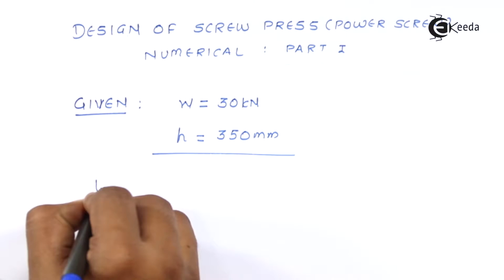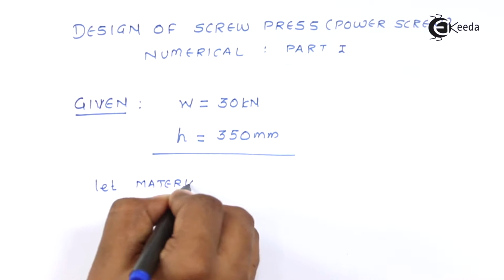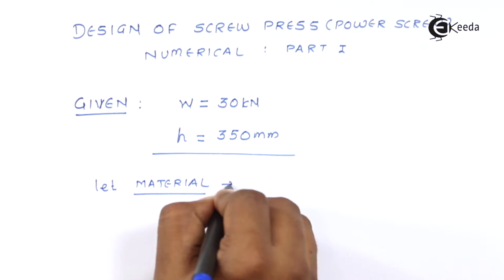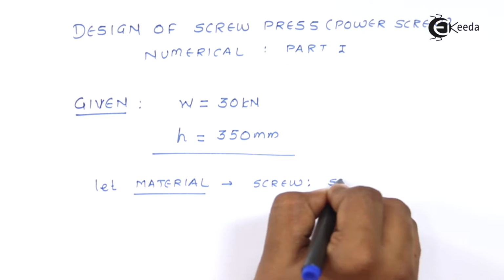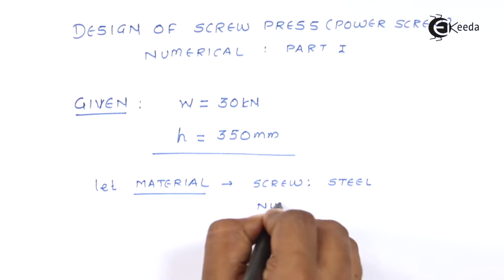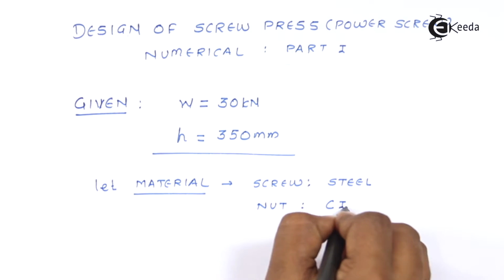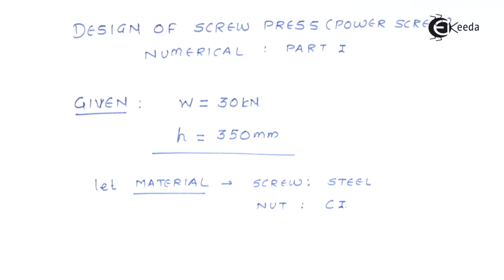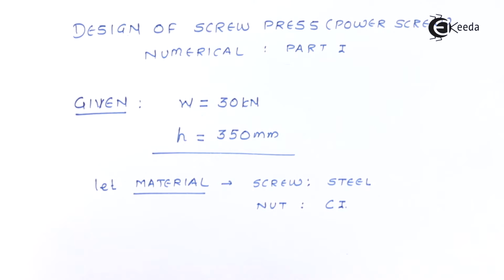So let the material be steel for the screw, and cast iron for the nut.